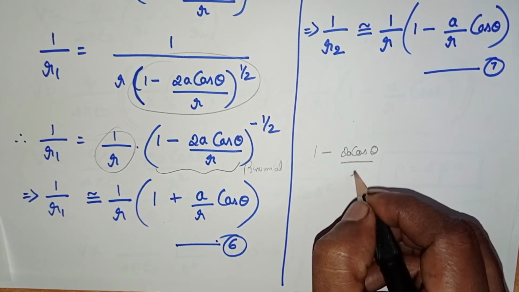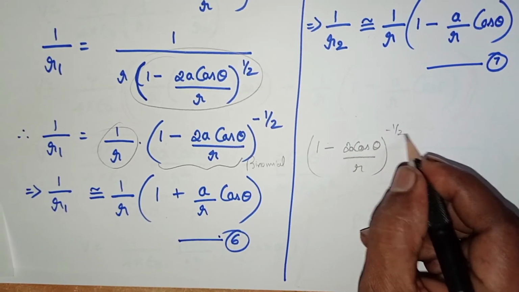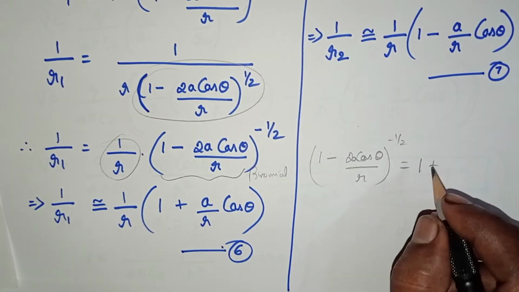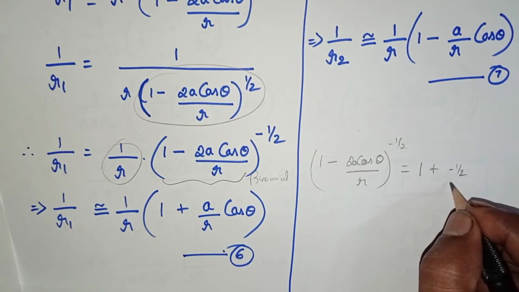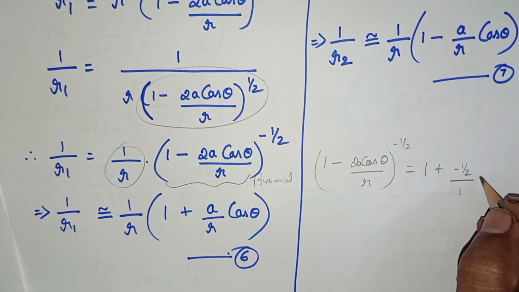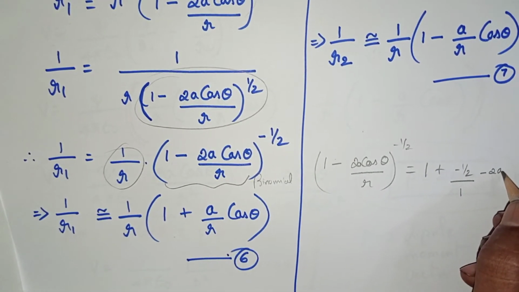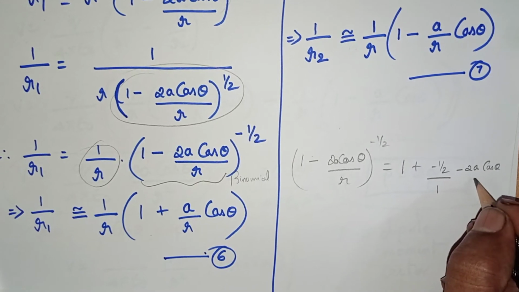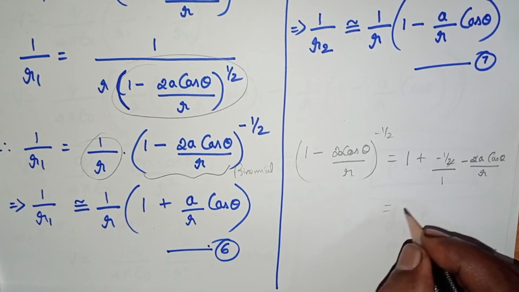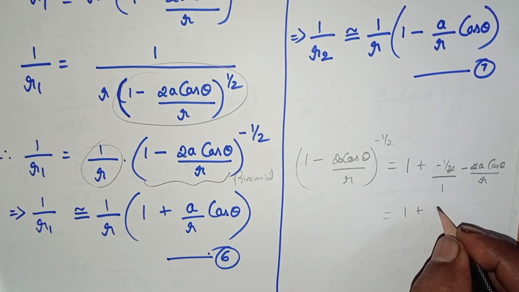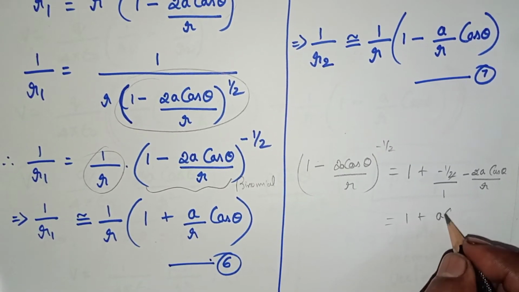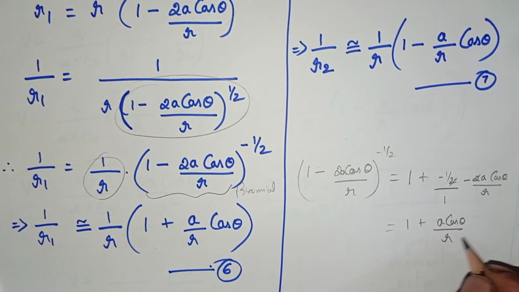If you consider the first two terms, 1 plus n, which is minus half, divided by 1 factorial, and x value is minus 2a cos theta by r. Now this 2 gets cancelled, minus into minus becomes plus, so the value is 1 plus a cos theta by r. That's what is written here.